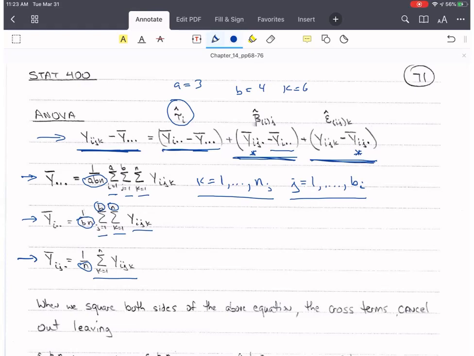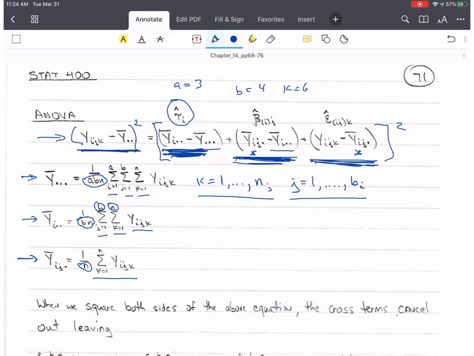What's really nice about the way it's broken up is that every time we take this decomposition and square it, we square the left-hand side and the right-hand side, which are sums, and then we sum them up over i, j, and k. On the right-hand side, the cross terms, the first one times the second, the first one times the third, and the second one times the third, all cancel out to 0.